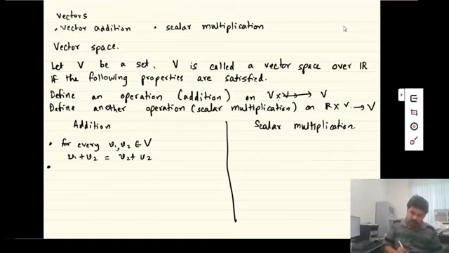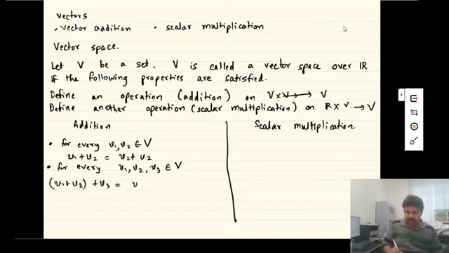The second property is associativity. For every V1, V2, V3 in V, you should have V1 plus V2 plus V3 is the same as V1 plus V2 plus V3, grouped differently. So the order of addition doesn't matter. You can add in any order. That is called associativity.